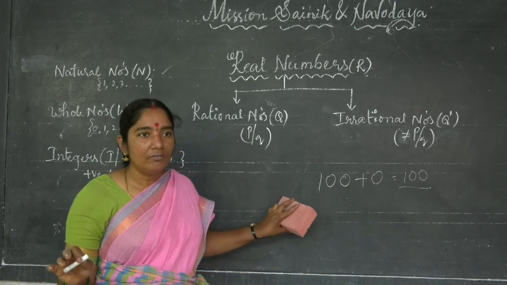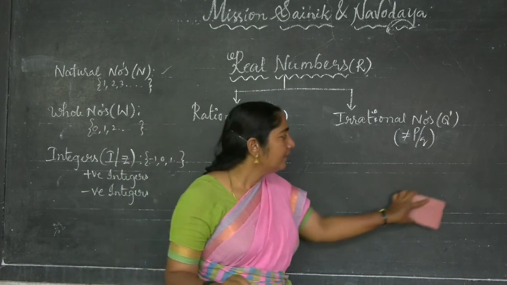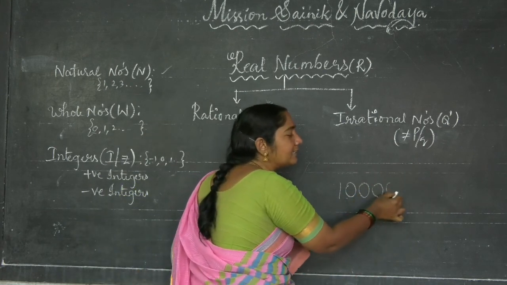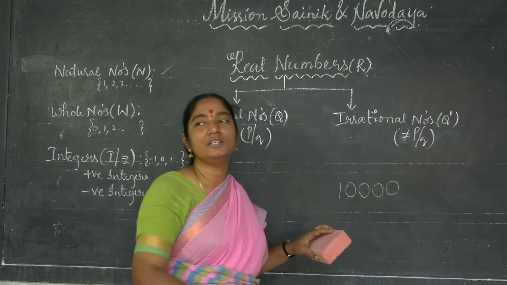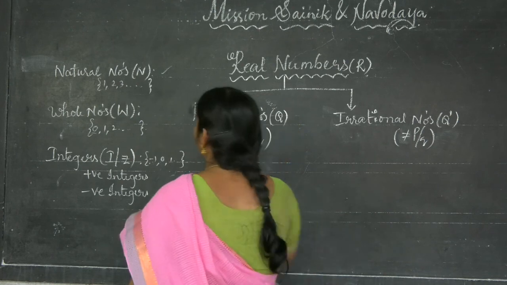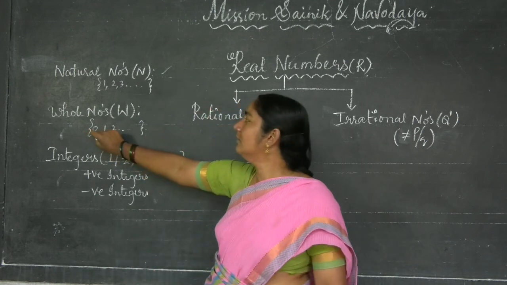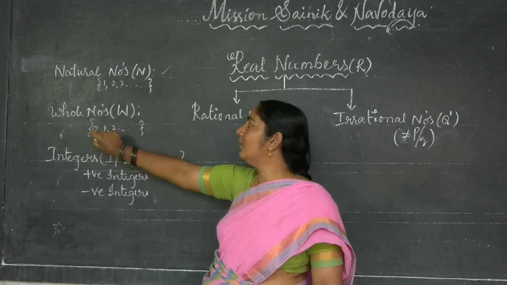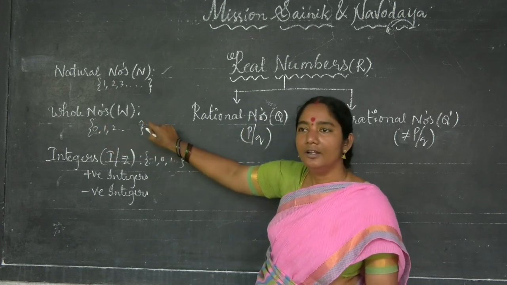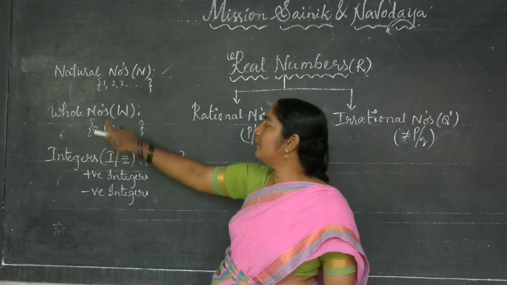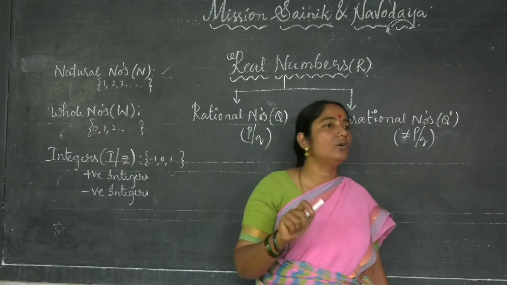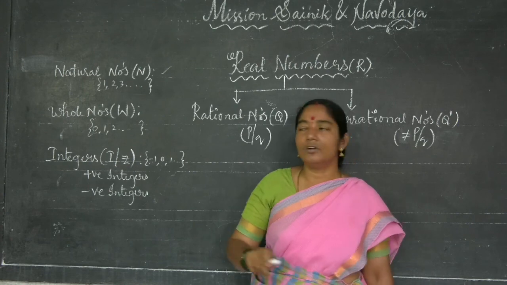But as we just discussed, if we put 0 beside a number, its value will change. So we want 0. For that sake, in the whole number set we use 0, 1, 2, 3. Along with the natural numbers, we added one more number, that is 0. That set we call the whole number set. I think now you understood.